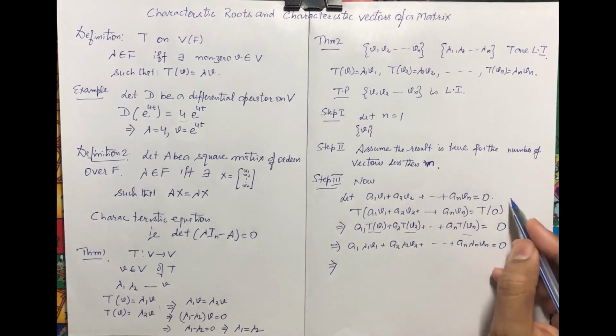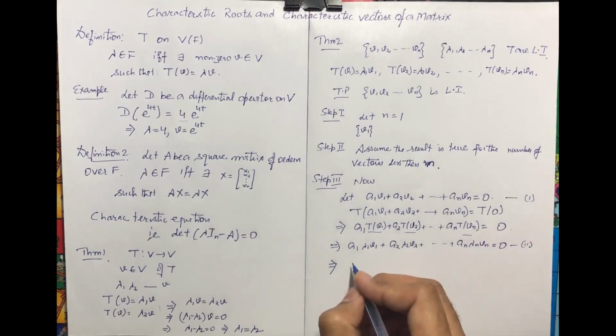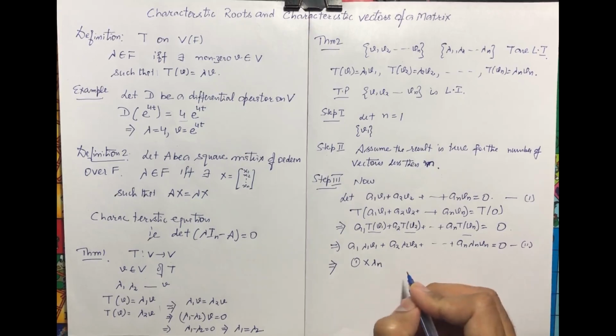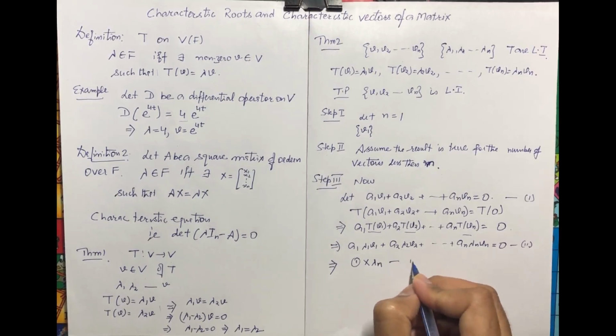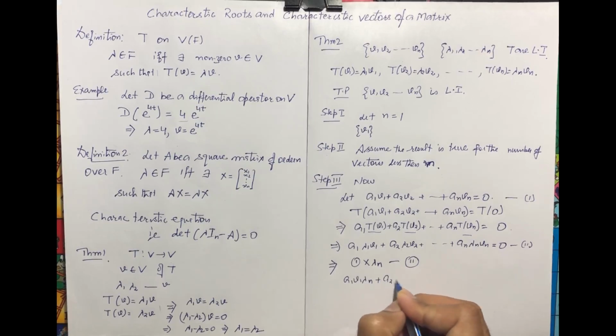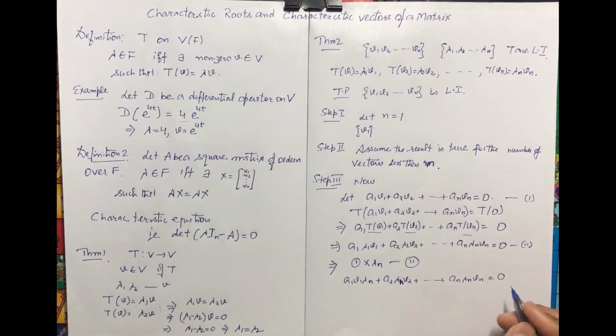Now taking this as equation 1 and this as equation 2, multiplying 1 by lambda n and subtracting from 2, we get a1 v1 (lambda 1 minus lambda n) + a2 v2 (lambda 2 minus lambda n) + ... + an vn (lambda n minus lambda n) = 0.